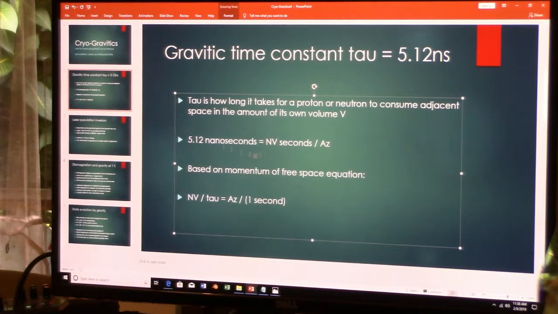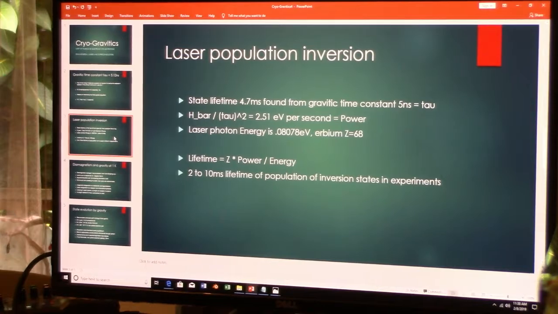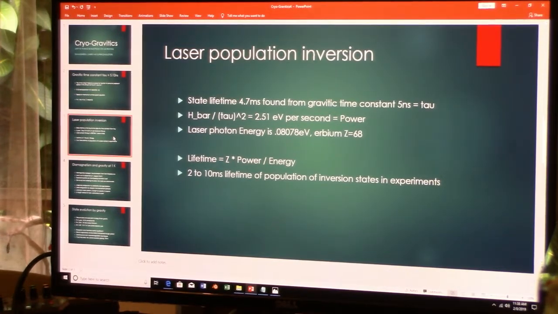And that equation for the 5 nanosecond time constant is based on the momentum of free space equation, where the number of proton volumes divided by a time constant is equal to the volume of the fallen shell, AZ, in the 1 second test. So now let's move on to the laser population inversion.